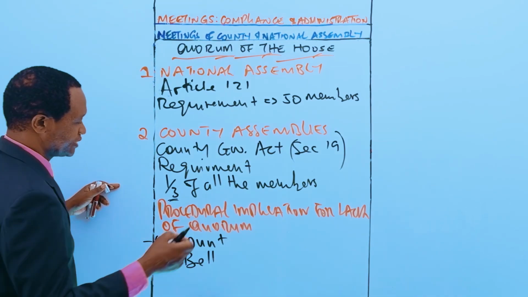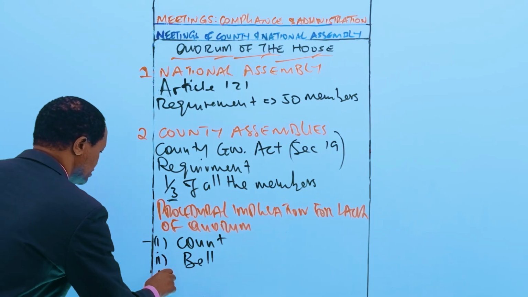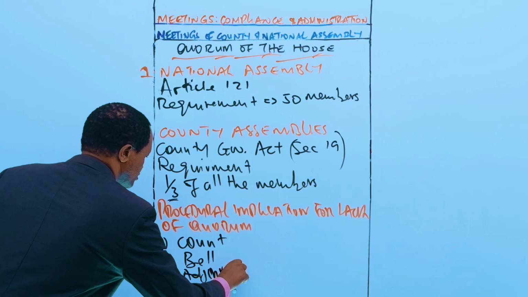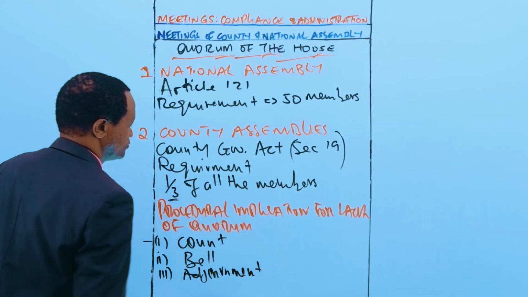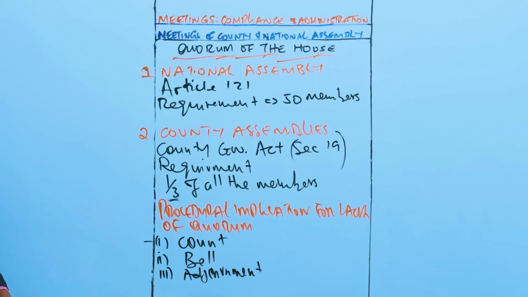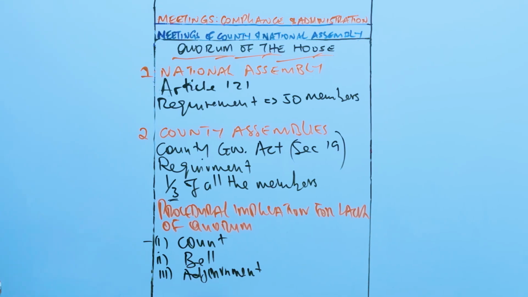Then if the bell is rung and the quorum is not reached, there has to be adjournment. All right? If after the bell stops the quorum is still not met, there are two things that may happen.